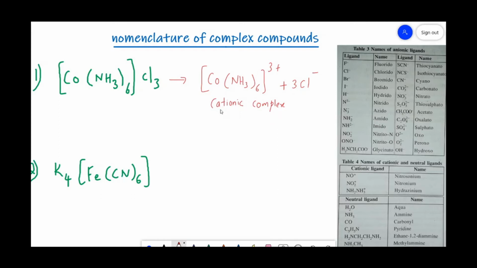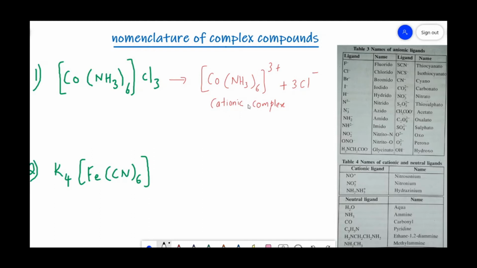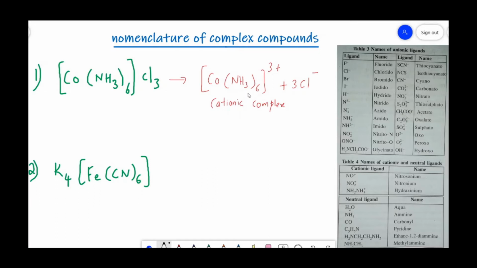After identifying a cationic or anionic complex, the name should always start with the cation, whether it is a complex or an ionic sphere. If the cation is a complex, then we start with the ligands. While writing the ligands, if there are two or more ligands, we follow alphabetical order.